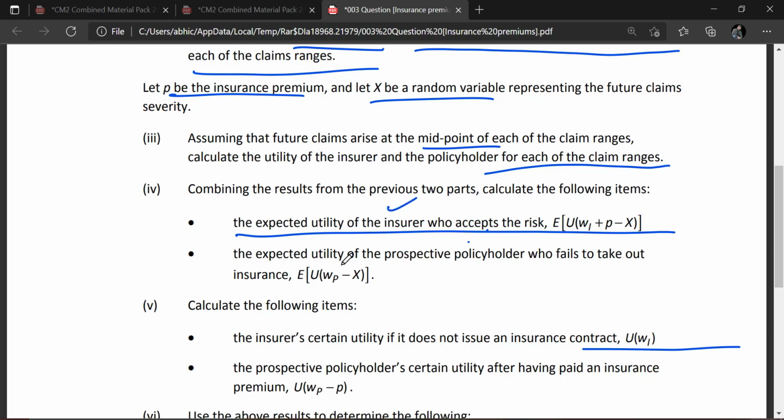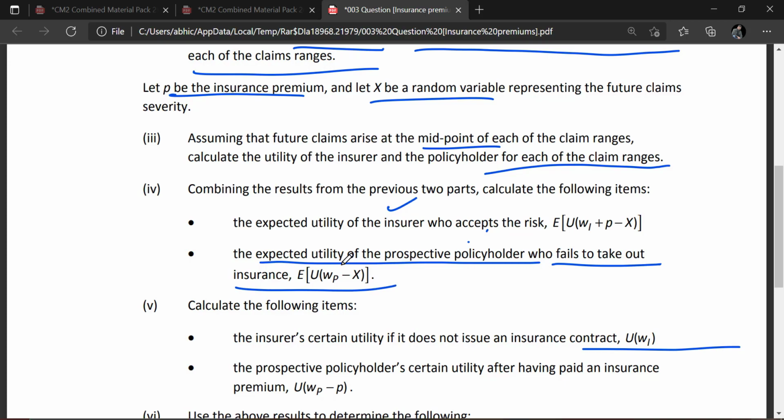Under this assumption, that's why we took the wealth, added the premium, and subtracted the claim amount, which we assumed to be in the middle of each bucket. For the prospective policy holder they are asking something else. In the next part they'll ask the expected utility, so we'll multiply with the probability and add, of the prospective policyholder who fails to take out insurance, that is, who is not taking out insurance.